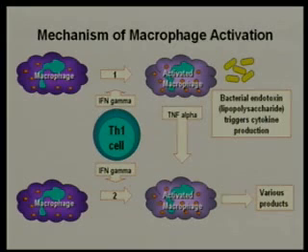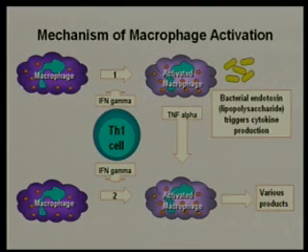Shown here is another cartoon basically showing you these two different ways of activation. T helper cell, after seeing an antigen in context with MHC class II, will produce interferon gamma. Interferon gamma in combination with, for example, a bacterial endotoxin such as LPS can lead to the activation of this macrophage. Now, in addition, an activated macrophage or another cell type can produce TNF alpha.